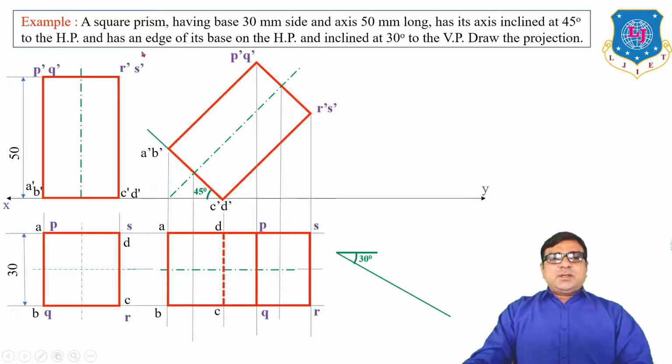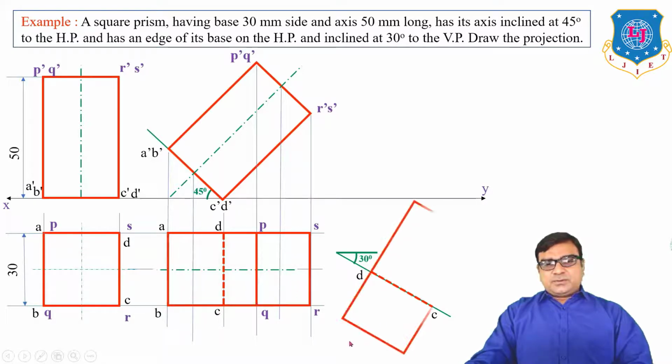Now we want the edge of the base on HP and inclined 30 degree to VP. So this top view, again draw here by taking CD line inclined 30 degree with XY. So first of all draw one 30 degree line and first you put CD on this line and redraw this view here.